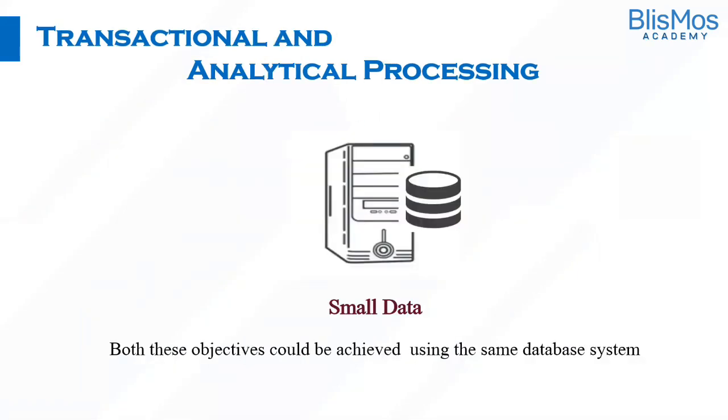Now, having understood what is transactional and analytical processing, we know that the objective of a transactional processing is different from objective of a analytical processing. Now, if we are managing the small amount of data, both of these objectives can be achieved through the same database system because the amount of data we're handling is less.